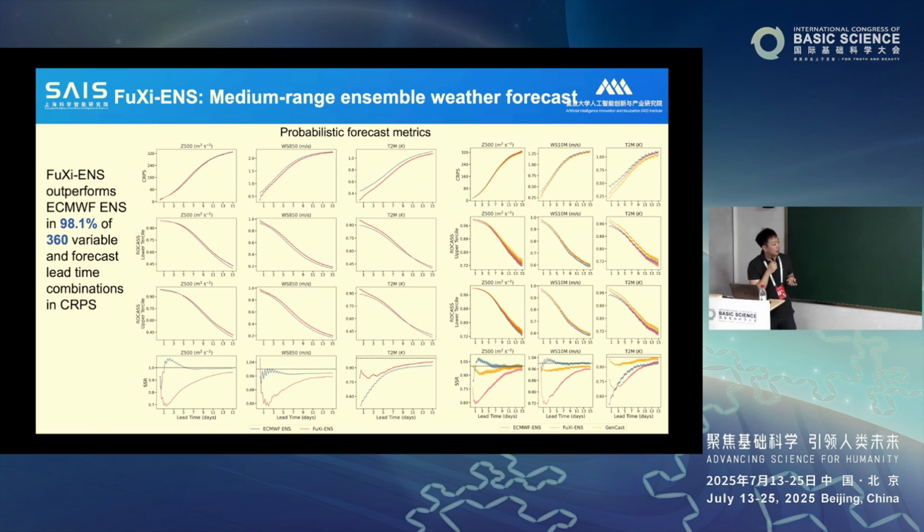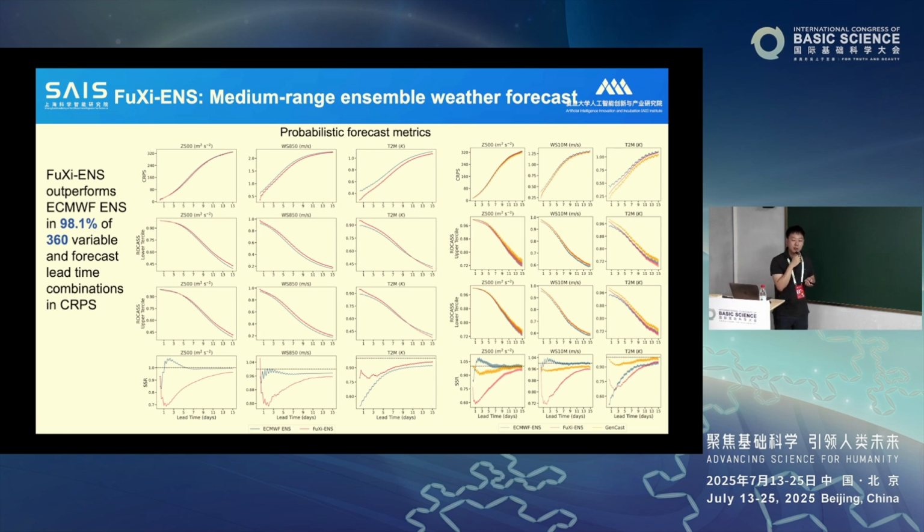But for the spread-skill ratio at the bottom, the spread-skill ratio tells us how well our model's spread represents the model's error. This is one of the most important metrics because you don't know the future in advance, but you know the spread based on your forecast.